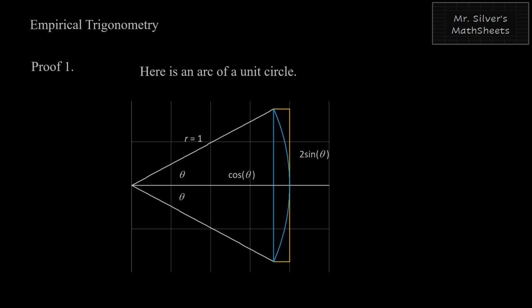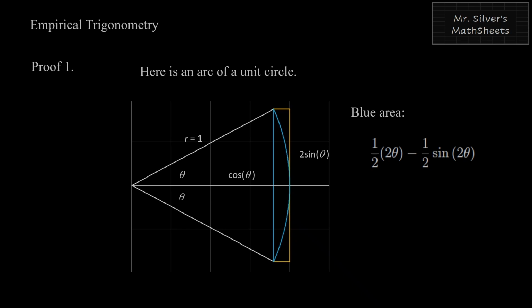So we'll use this diagram. It's an arc of a circle, and there's a triangle that we're subtracting from the arc to make that blue lens-like shape. And the blue area is 1/2 of 2 theta minus 1/2 sine of 2 theta.